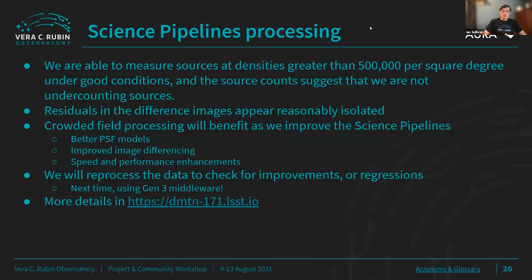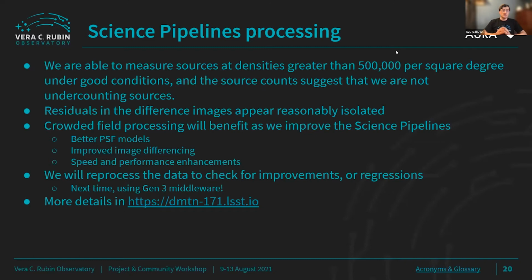Next slide, please. So in conclusion here, the current state of science pipelines are in fact able to process and measure sources at densities greater than 500,000 per square degree under good conditions.